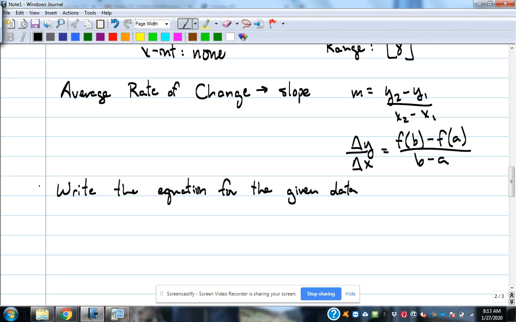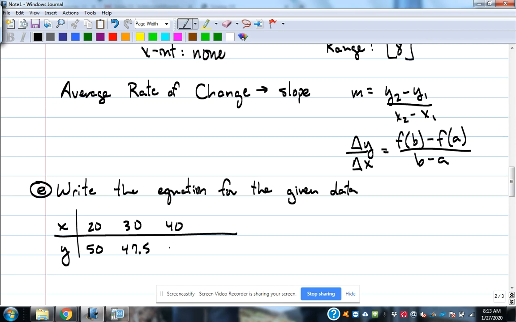Let's do example E. They give us a table. I'm going to do it in horizontal form here to save a little space. 20, 50; 30, 47.5; 40, 45; 50, 42.5; 60, 40; 70, 37.5.